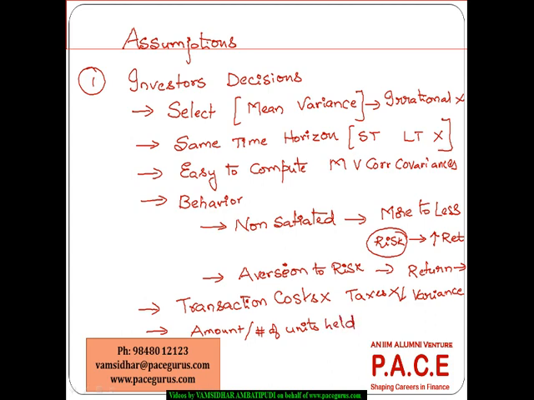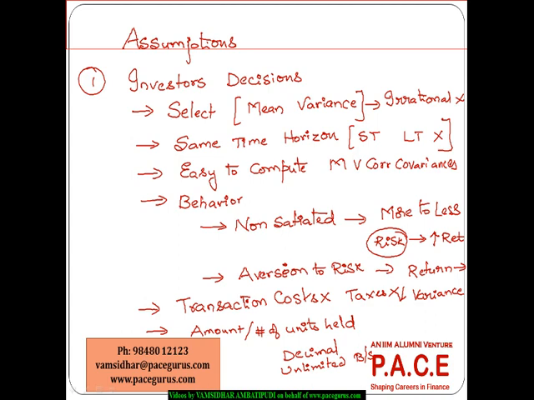It can very well be a decimal. Unlimited buying and selling can typically happen. No restrictions with respect to buying and selling. Even fractions of the units can be held. So all these things went in as the key assumptions as a part of this mean variance portfolio framework, right?